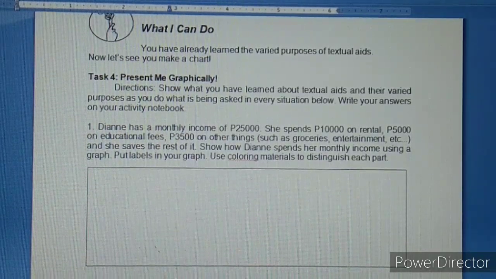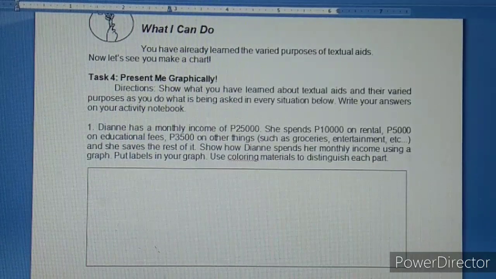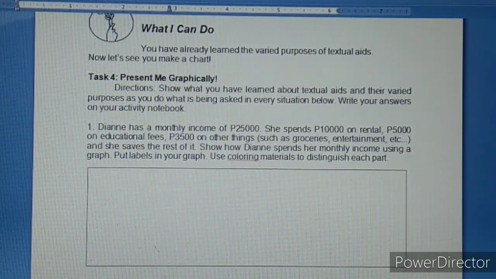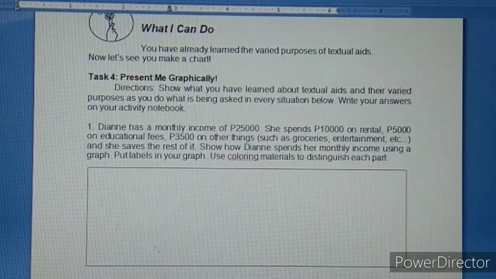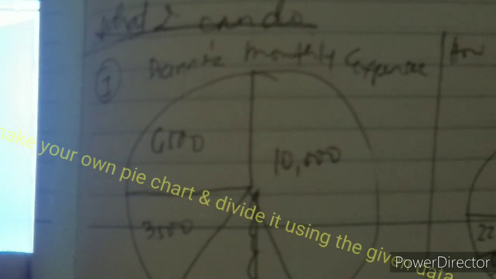Again, you are going to show how Diane spends her monthly income using a graph, with labels and coloring materials to distinguish its parts. So here is what you are going to do for task 4 number 1.